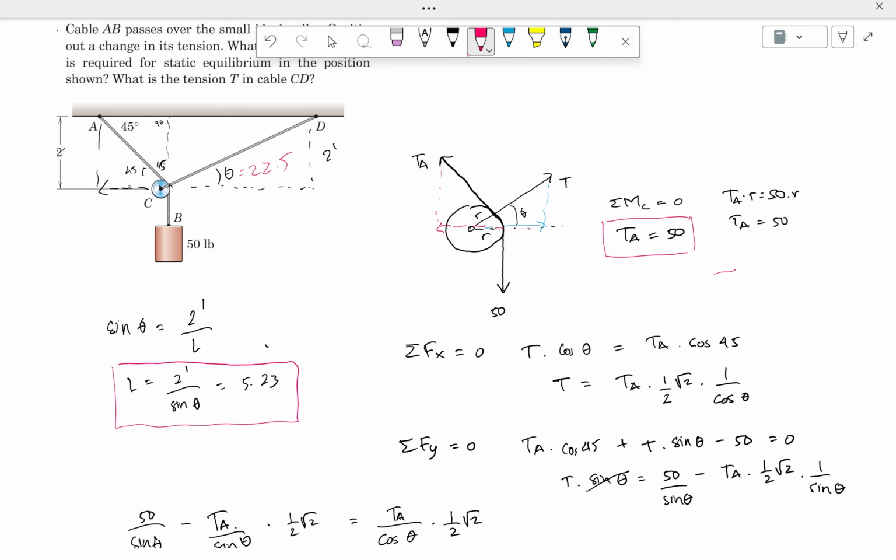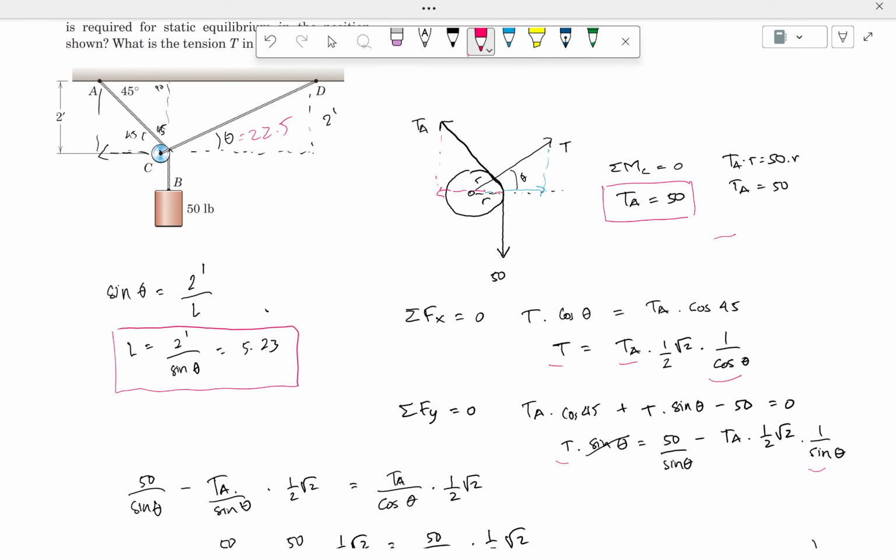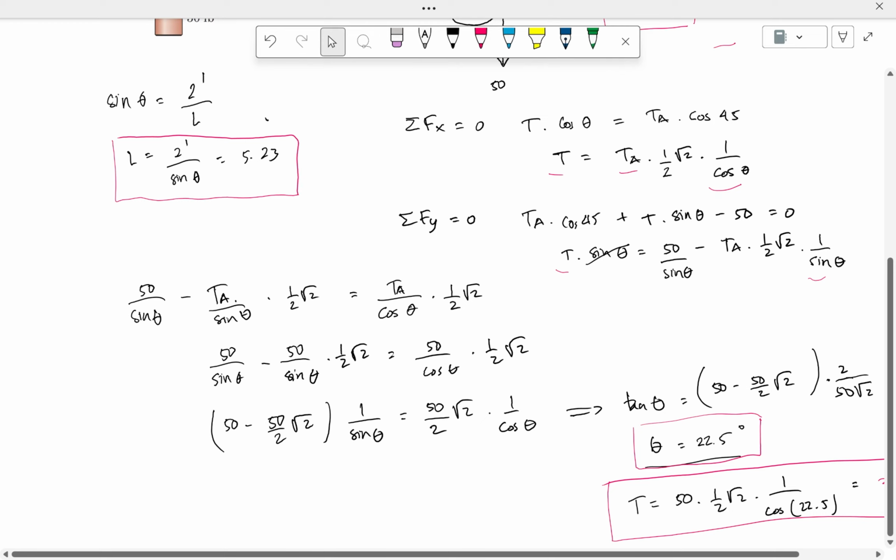Sigma Fx equals 0, sigma Fy equals 0, and from sigma Fx you get the relation between T and TA with cos theta. With sigma Fy equals 0, you also have the relation with T, TA, and sine theta. By equating those T, you get theta. Theta is 22.5. Once you get theta, you can calculate T, and you can also calculate the length L.